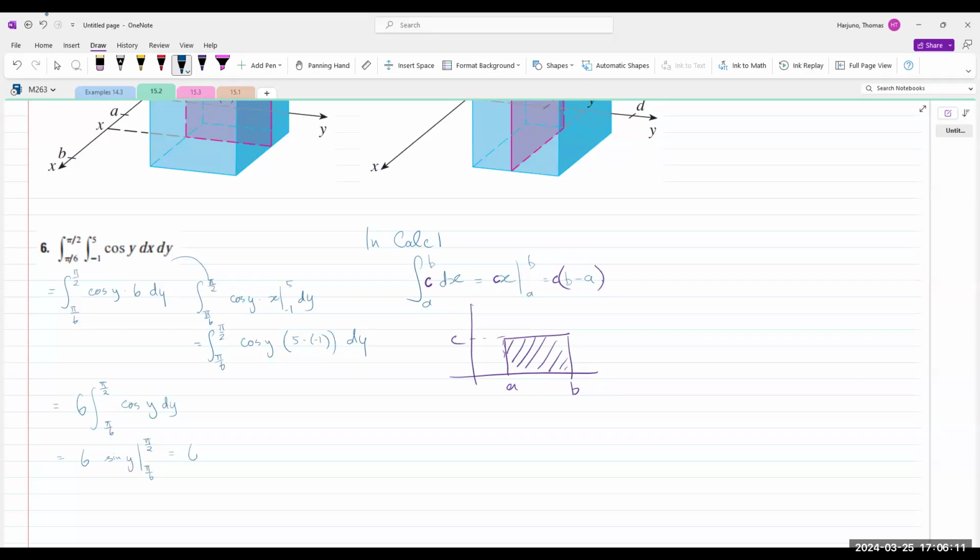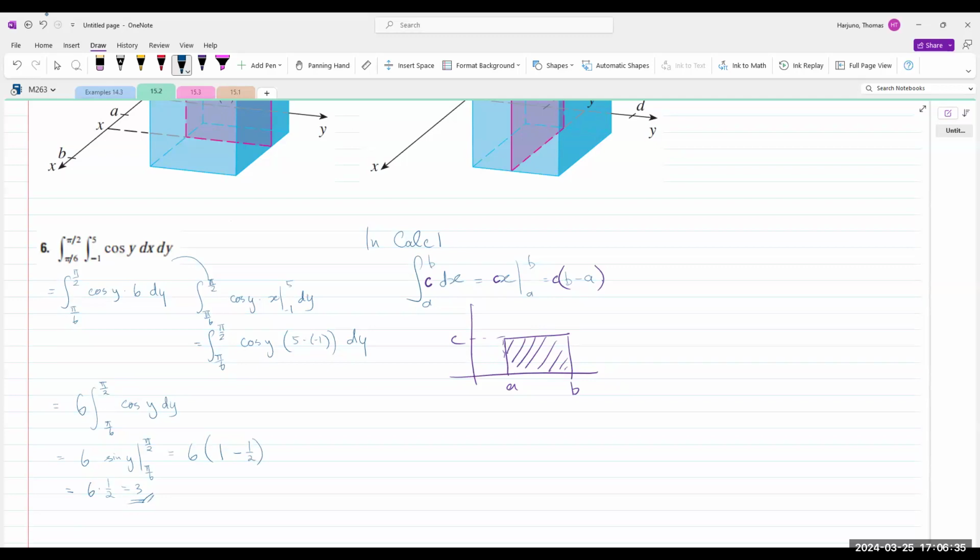That will be 6 times sine pi over 2, which is 1. Sine pi over 6 is 1/2. So this is equal to 6 times 1/2, which is 3. Okay. Now that's for example number 6.